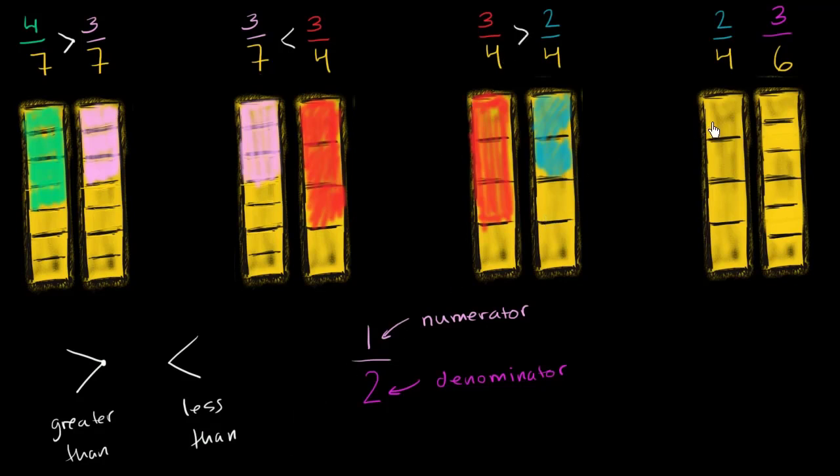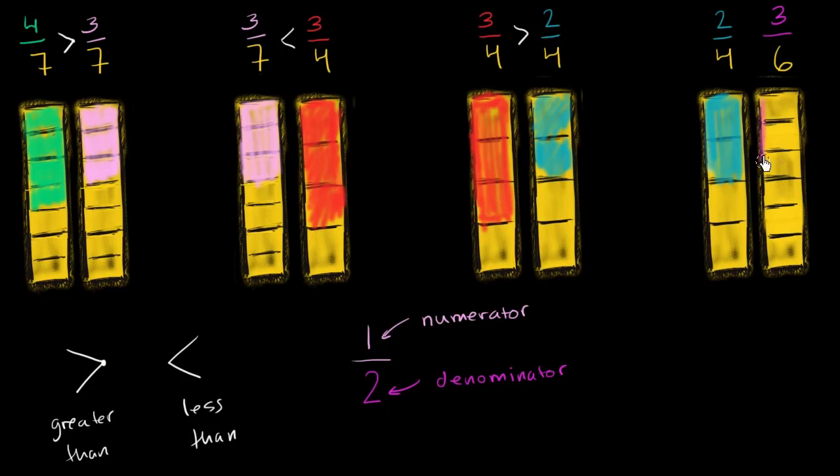And then finally, I encourage you to pause the video and try to come up with whether 2/4 or 3/6 is a larger number. Well, let's color it in again. We've already seen 2/4. We just have to color in 2 of our fourths. So let's color in 2 of our fourths right over there. And then 3/6, we've split our whole into 6 equal sections. 1, 2, 3, 4, 5, 6.